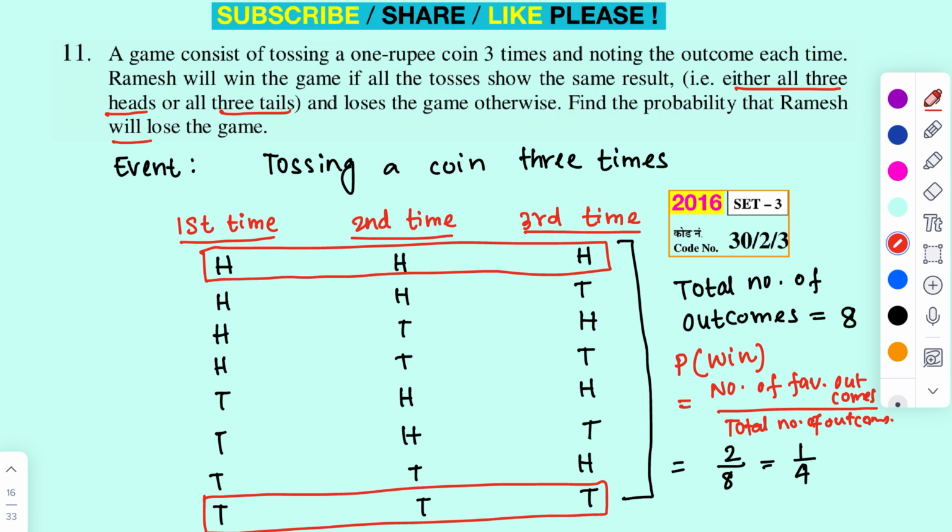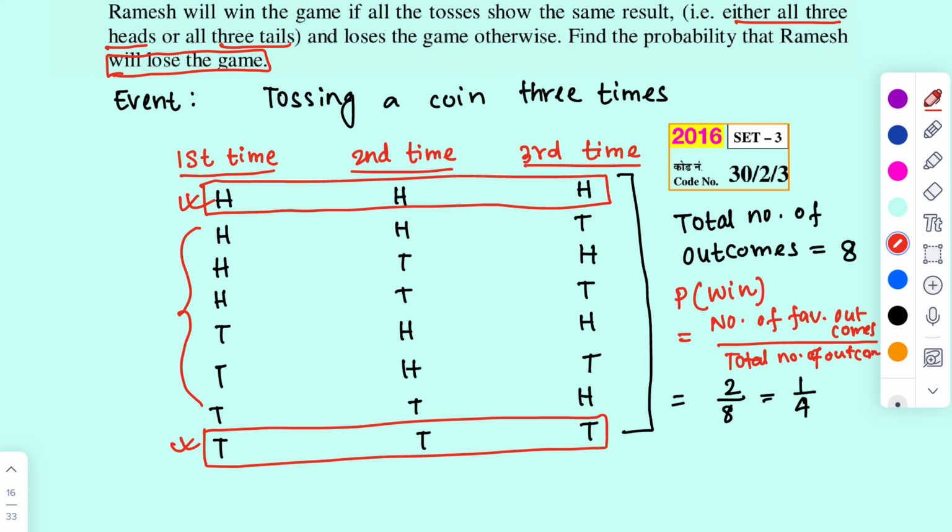But the question is asking that Ramesh will lose the game. So Ramesh will lose the game if any of these will be the outcome, except these 2, HHH or TTT. So for losing, you have to write the probability that Ramesh will lose the game will be equal to, that is 6 favorable outcomes.